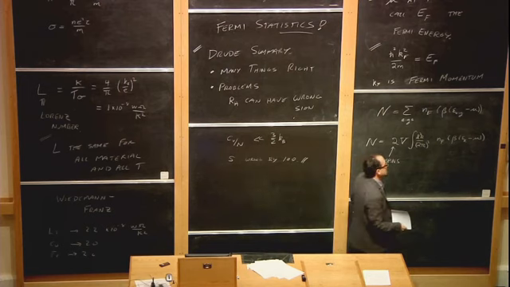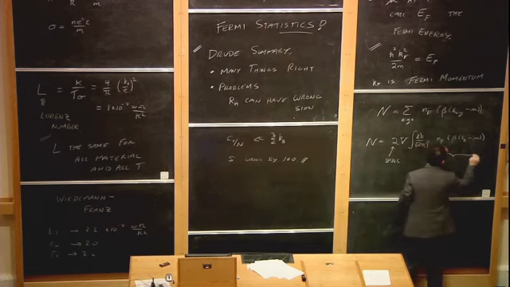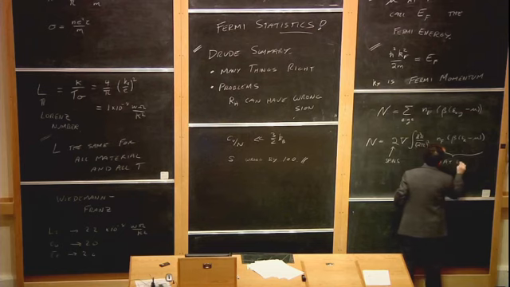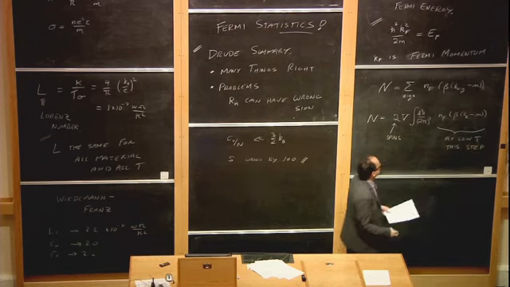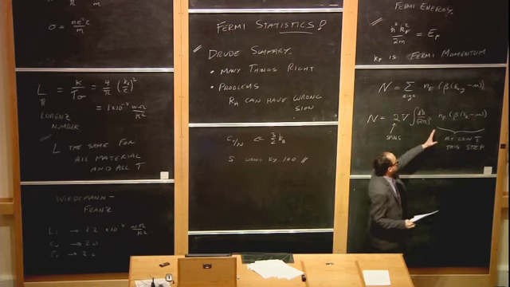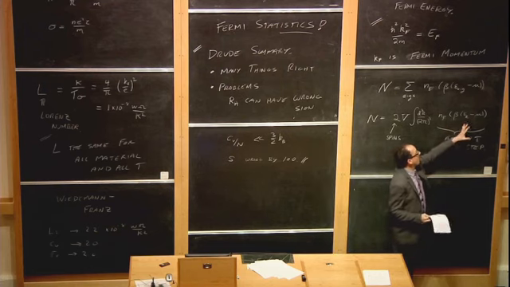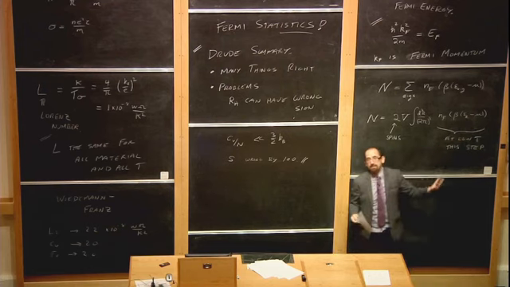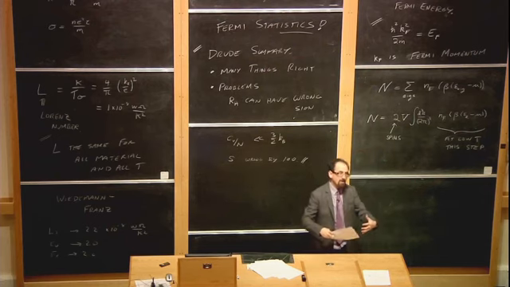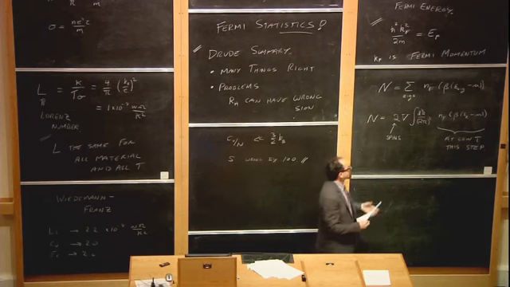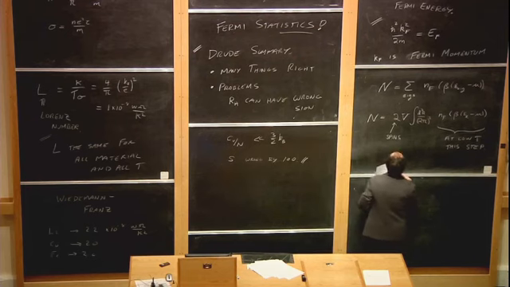All right. So at low temperature, at low T, this thing here is a step function. The step function tells us we should integrate the number 1 up until the energy is the Fermi energy. In other words, all the states are filled below the Fermi energy, and everything above the Fermi energy is empty.